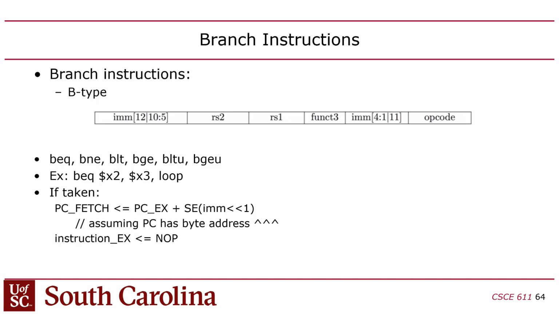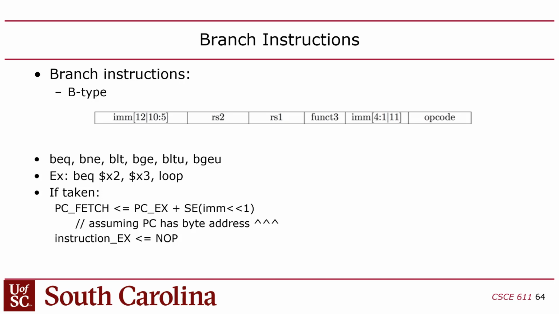However, if you look in the instruction, you see that there's no immediate bit 0 defined. So immediate bit 0 is assumed to be 0, and it's not actually encoded in the instruction. So all we have in the instruction is immediate 12 down to 1, right, which basically is a way for us to multiply that immediate by 2, because it's assumed that you're adding a 0 to that.